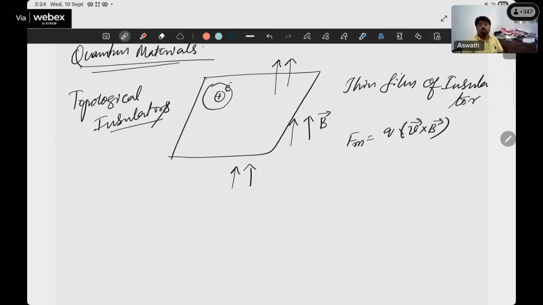If a charge is Q, with velocity V, moving perpendicular to the magnetic field, a force acts on this moving charge.